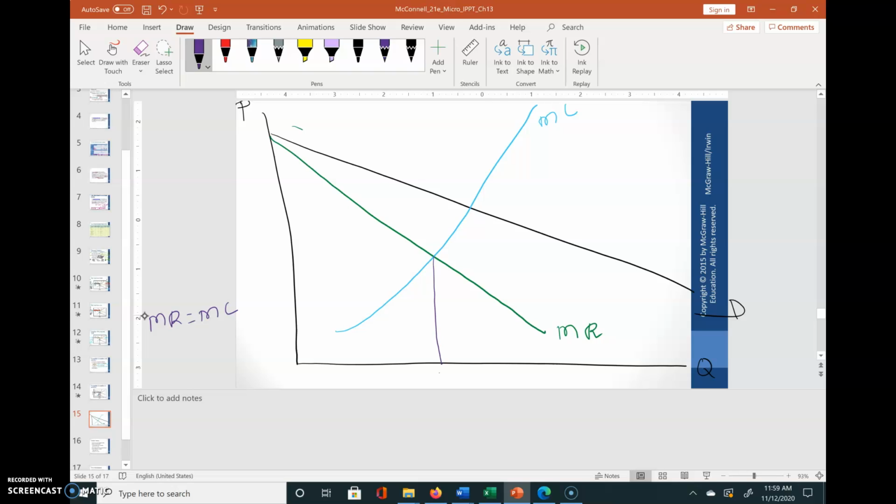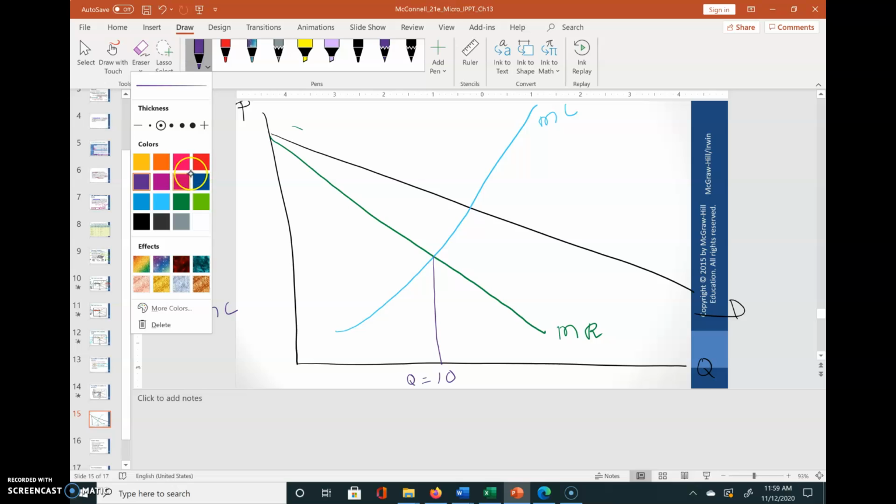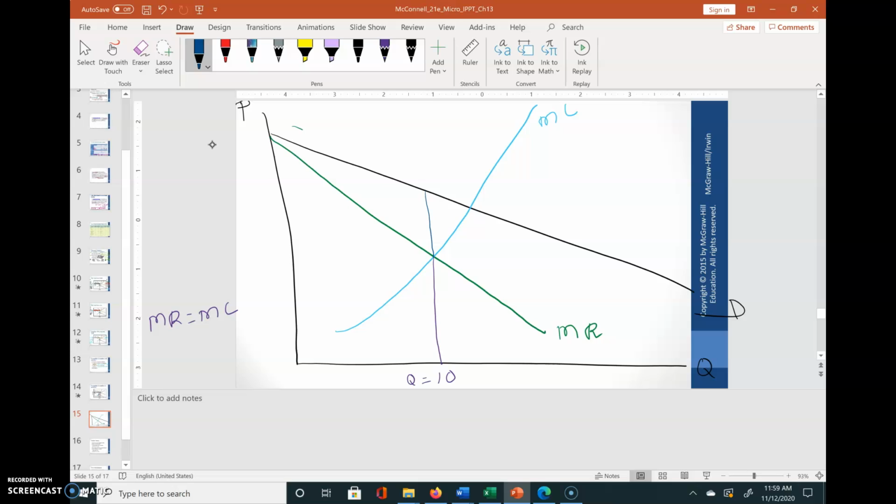For the sake of convenience, say the output is equal to 10 units. Now the next thing is I will extend this all the way till it hits the demand curve, and say my price is equal to $80.